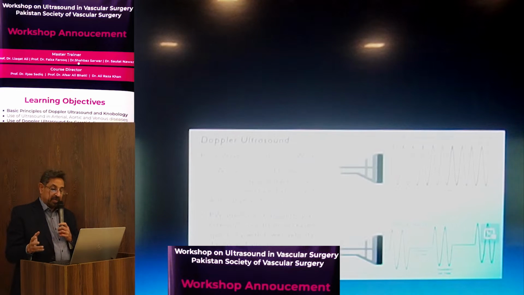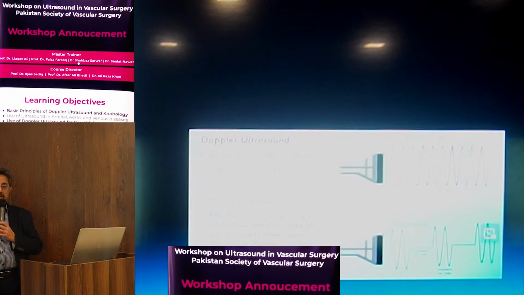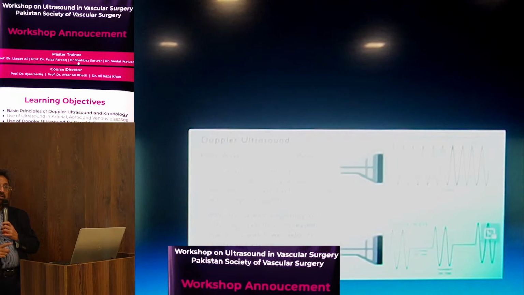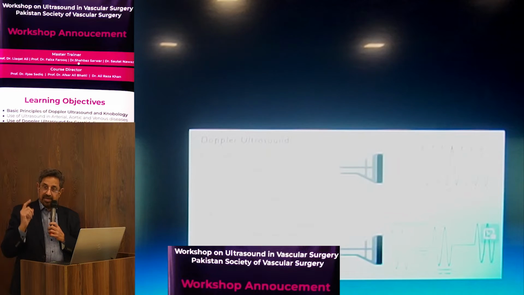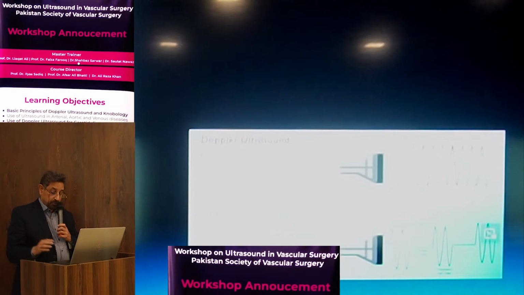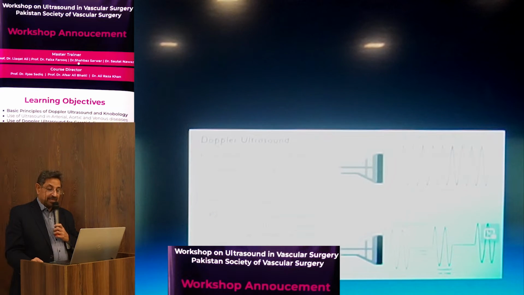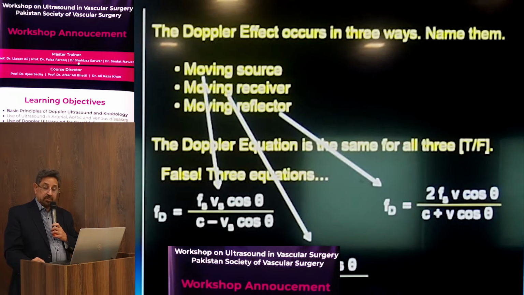There is a gap between the two. Here we have a picture, a location, but we can't measure very high velocities. For very high velocities you need CW. So that's a question. I don't want to teach physics, but it's very important to know.